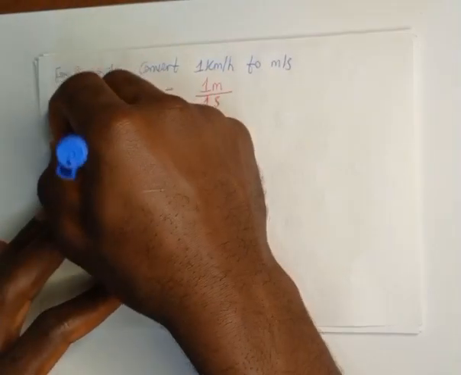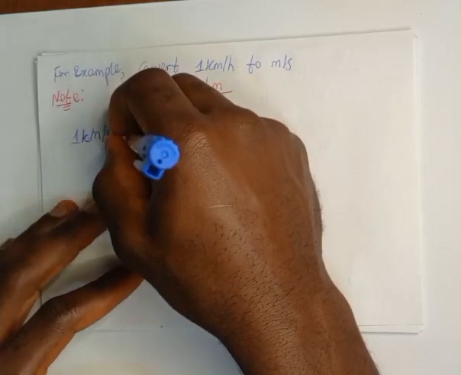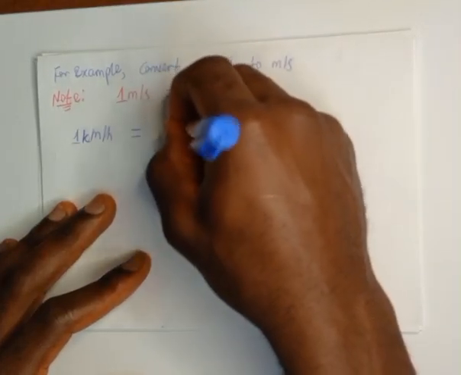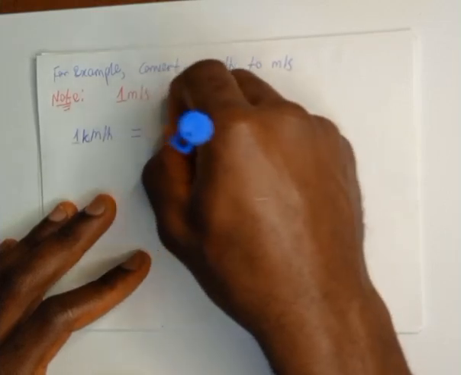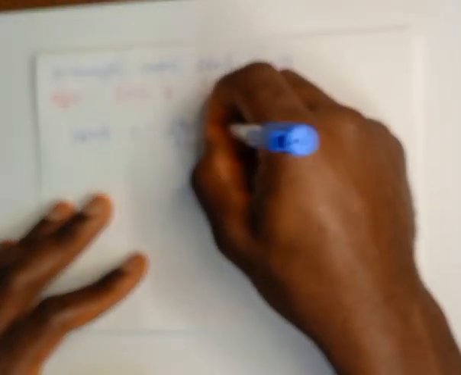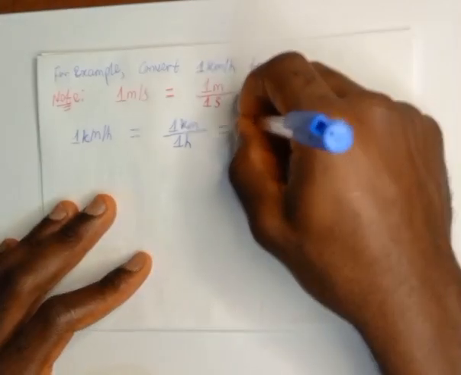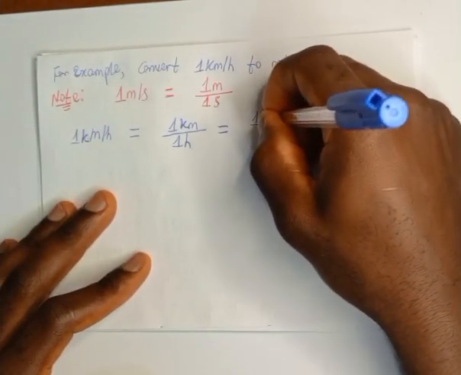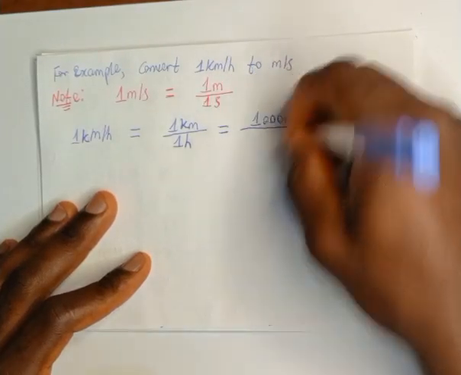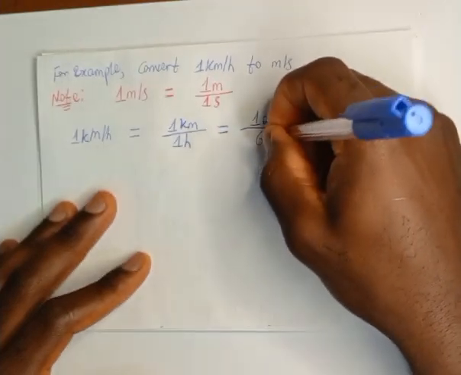For us to convert 1 kilometer per hour to meters per second, we are going to start by expressing 1 kilometer per hour as 1 kilometer all over 1 hour. This is simply equal to 1 kilometer in meters, which is 1000 meters, all over 1 hour in minutes, which gives us 60 minutes.